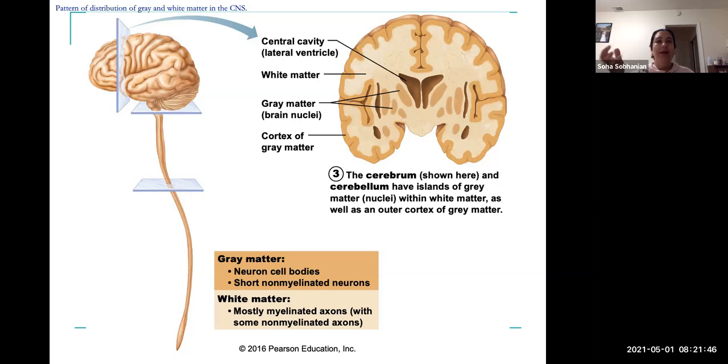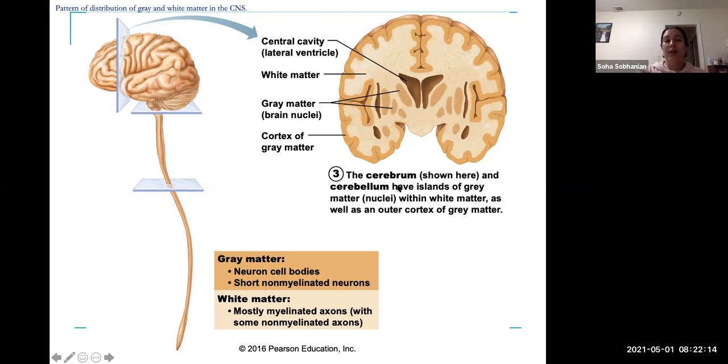So gray matter and white matter, basically the coloring. What you also see within your white matter are spots of what we call gray matter again. So you have gray matter, which is superficial, followed underneath by the white matter, and then patches of gray matter inside the white matter.